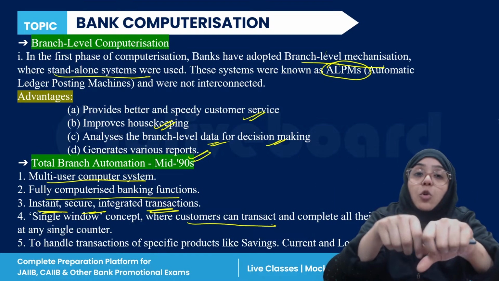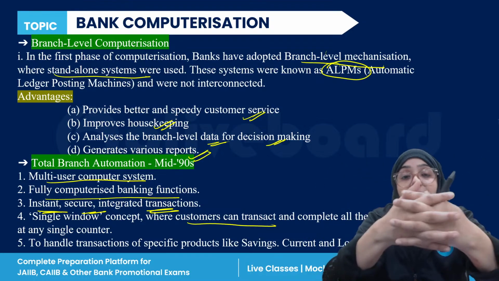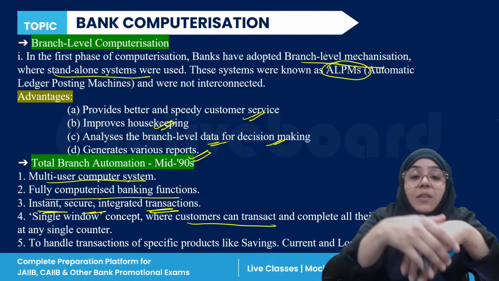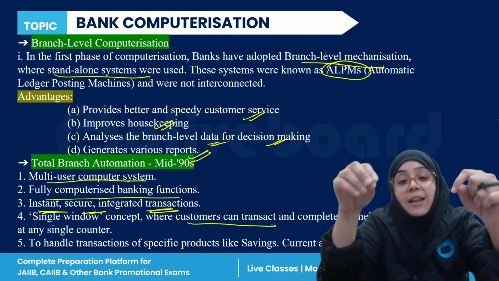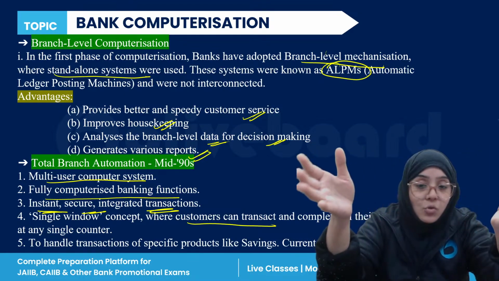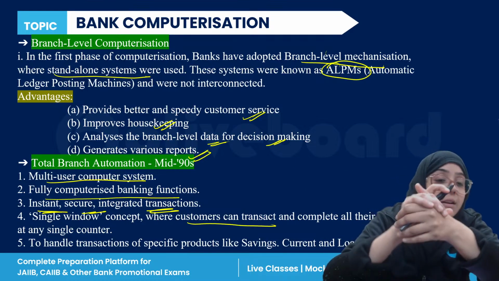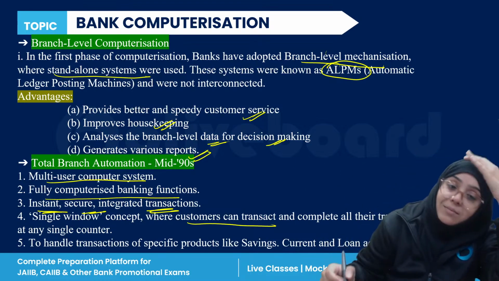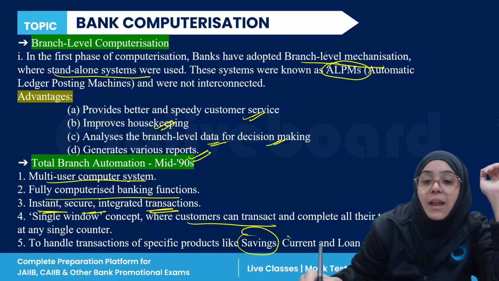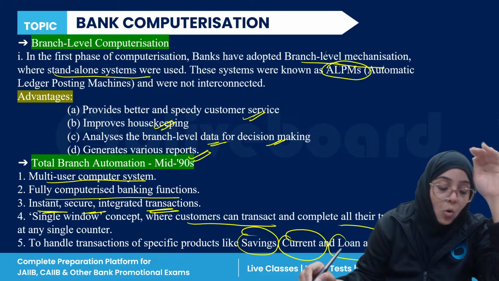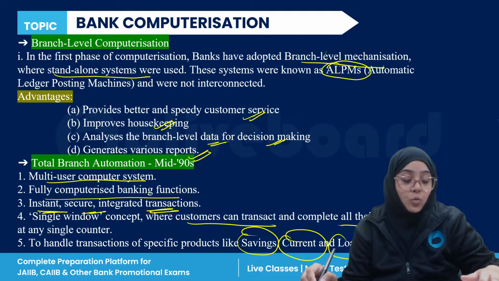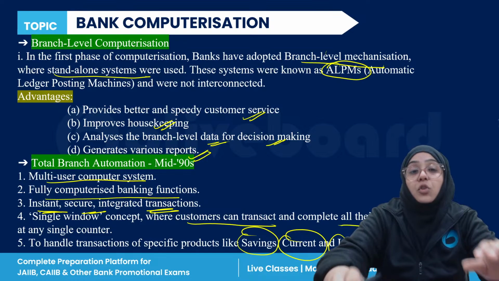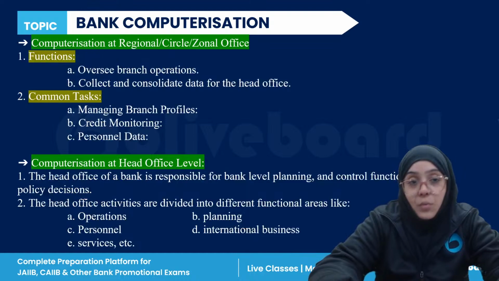This was given for the enhancement of customer service. Transactions for savings, current, and loan accounts can all be done under one roof. So this is the total branch automation introduced in the mid 90s.